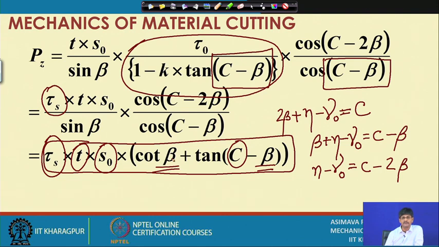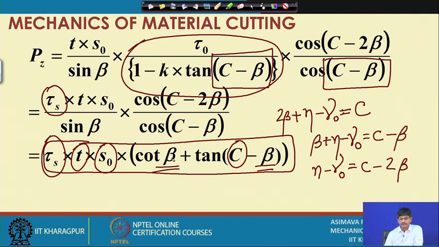If P z is known, we can find the value of P x y, and also we can find out the other values like friction force F, normal force F n, etc. Everything can be known.